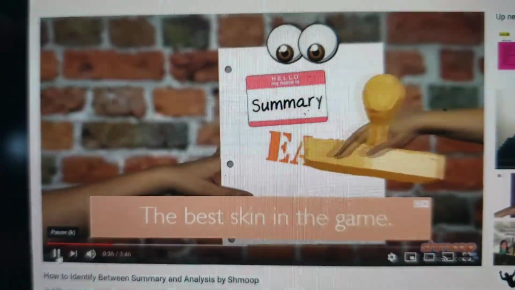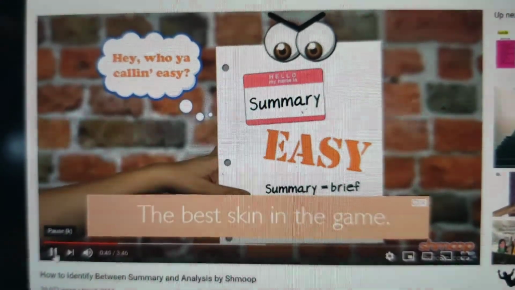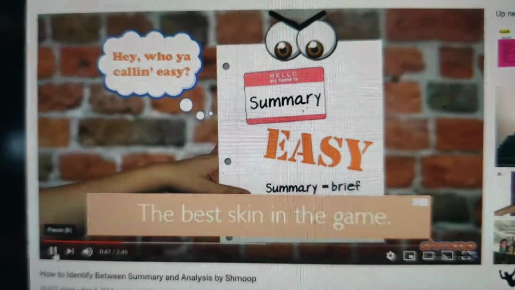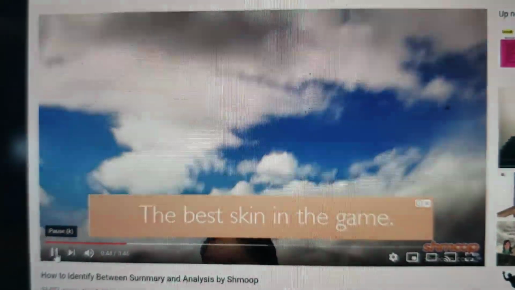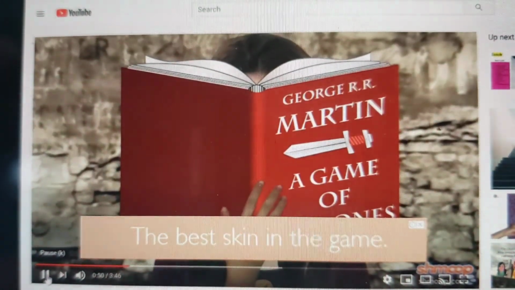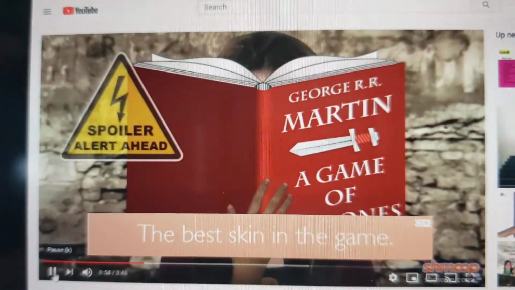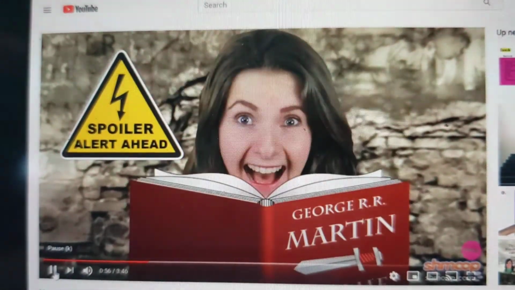Well, summaries are easy, so easy. They're simply a brief restatement of whatever text we read, put in our own words. We don't have to have an opinion. We don't have to evaluate anything. A summary only wants the facts, Jags. For example, say we're asked to write a summary of George R.R. Martin's epic novel, A Game of Thrones. Here's ours.